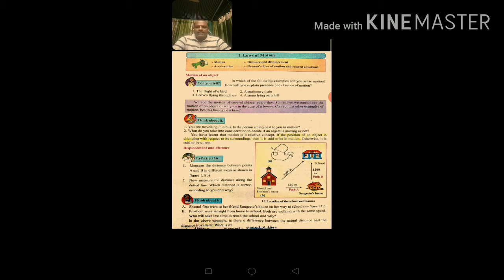Distance is the length of the actual path followed by a body between the points under consideration. Its SI unit is meter and its CGS unit is centimeter. A physical quantity which has magnitude only is a scalar quantity and does not have a direction. Distance has magnitude but not direction, so it is a scalar quantity.